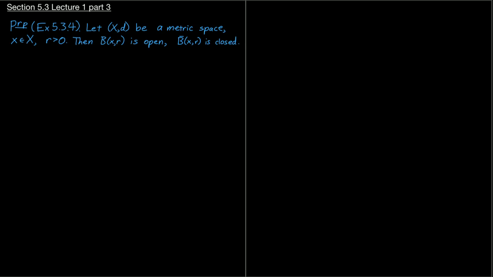And the proof is pretty quick. Let Y be in the ball I'm claiming is open. Then rho is R minus the distance from X to Y. Well, the regular ball, the open ball, means the distance from X to Y is less than R, so this rho is positive.